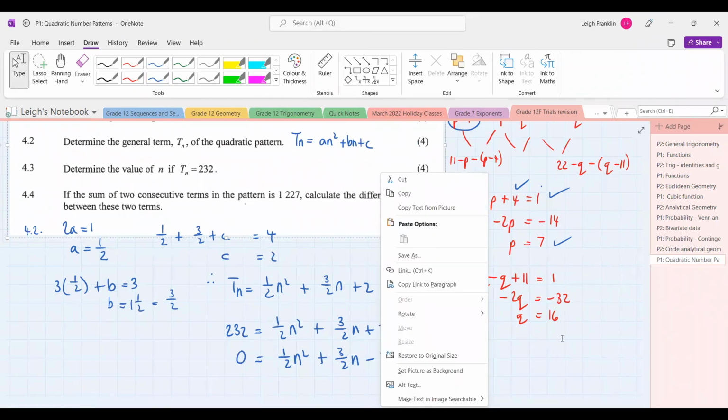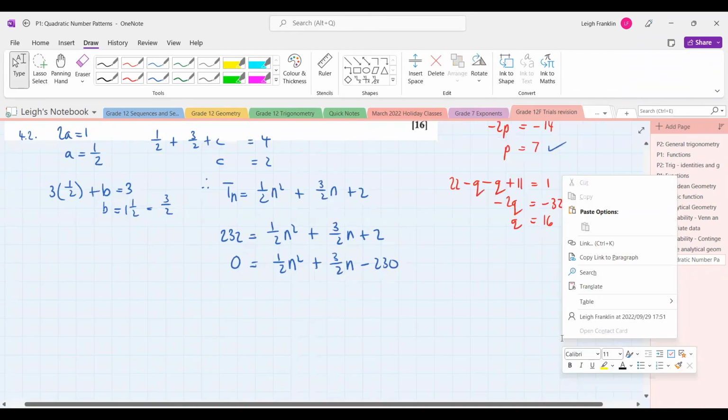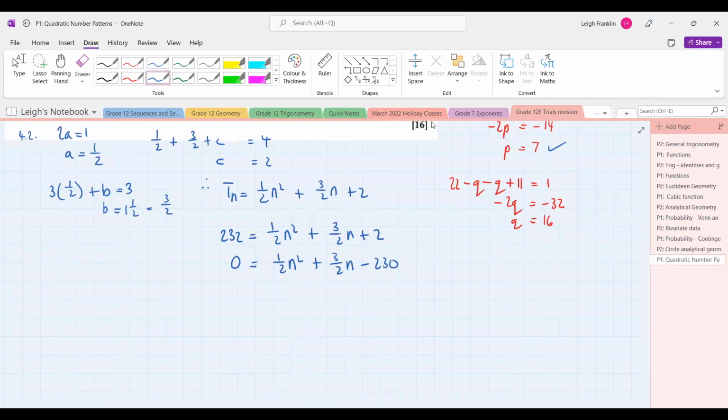Let me just move this down a little bit. Let's just see what you guys are saying here. You're also getting an error, Nick. What I would do here, Nick, is I would multiply through by 2 first. So I would end up with 0 equals n squared plus 3n minus 460.